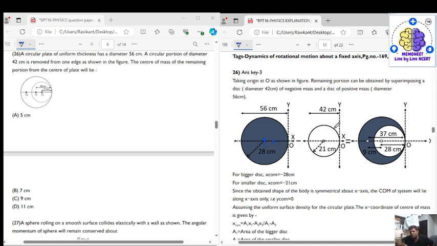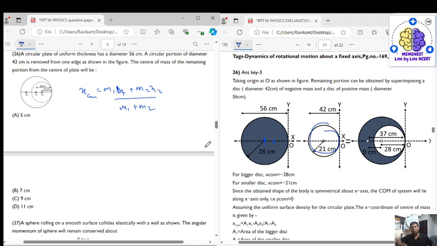Here the mass is being separated out. So we have the formula: x component of center of mass is equal to (m1 x1 + m2 x2) upon (m1 + m2). This is when the masses of all the particles are to be taken.